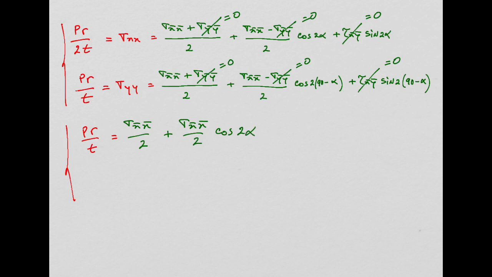That's it. And then below, the second equation: PR over t equal to sigma x bar over 2, and now cosine of 2 times 90 minus alpha is equal to minus cosine of 2 alpha. So I get this.